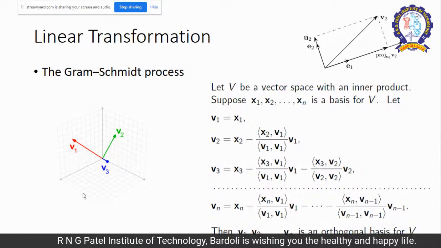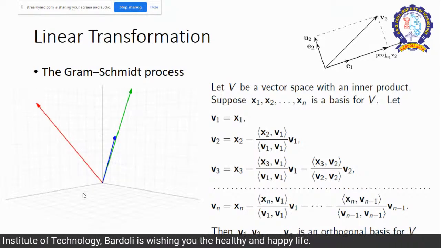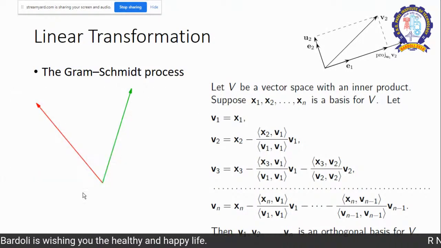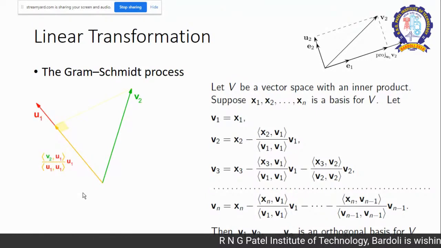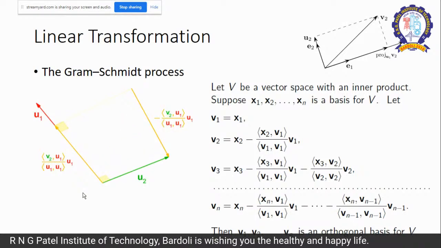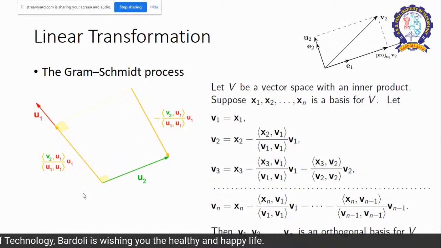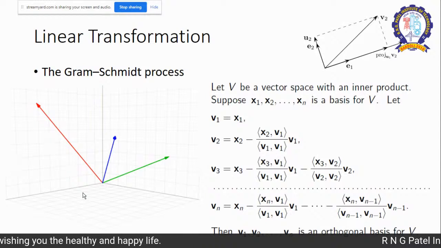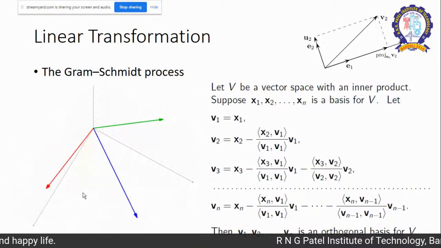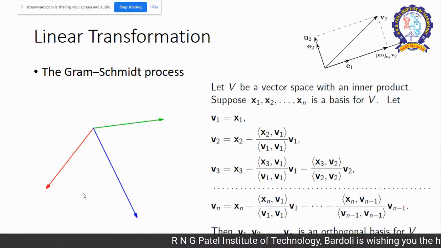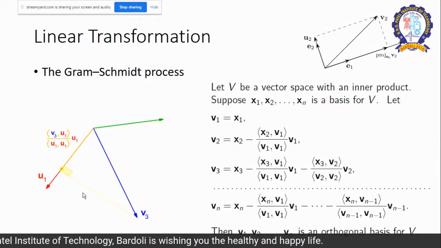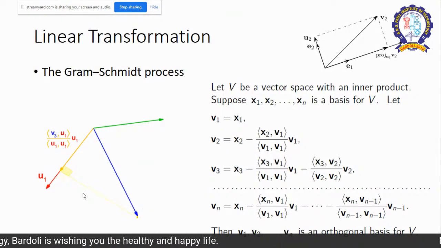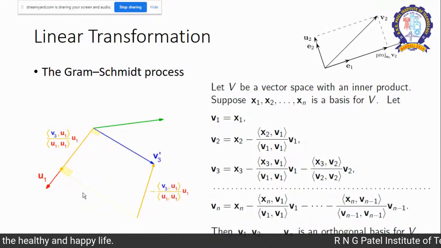Here we have three vectors, v1, v2 and v3, that are not orthogonal. They are not perpendicular to each other. Considering two vectors, we take the projection of v2 over v1, and the opposite direction of that gives a vector perpendicular to v1. For the next one, we add the other vector with the same process. v3 is perpendicular to u1.